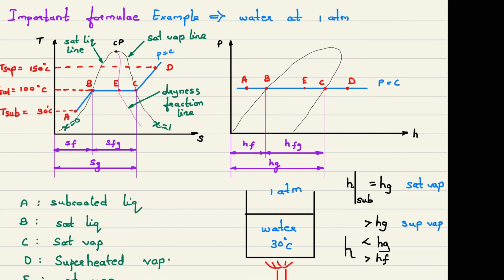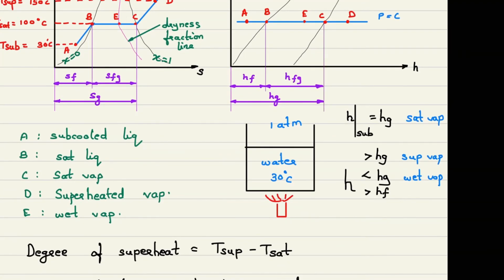Then it will be wet vapor. And if the given enthalpy is less than Hf, it will be subcooled liquid.